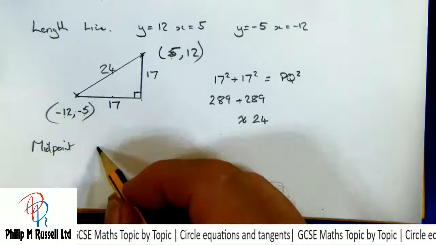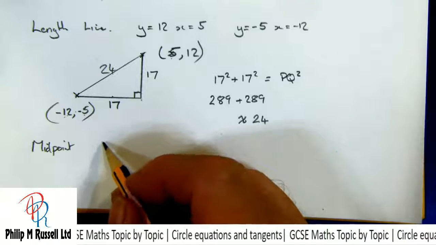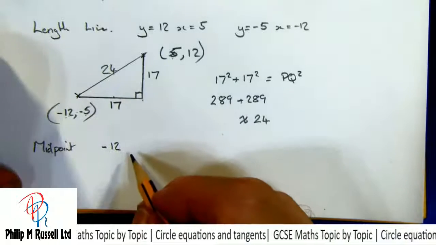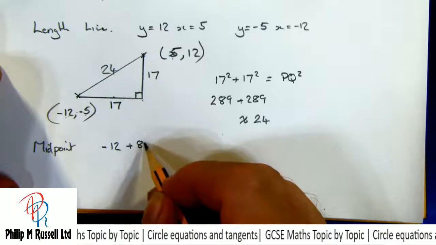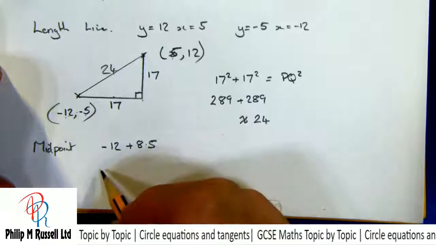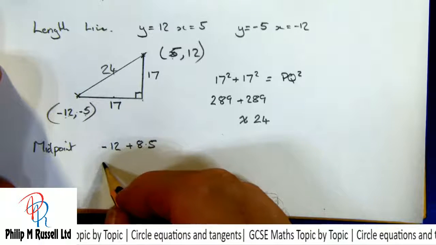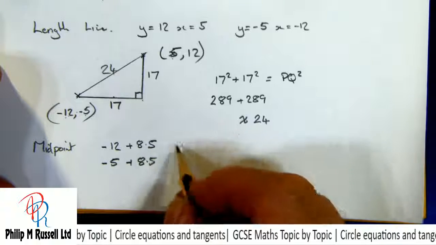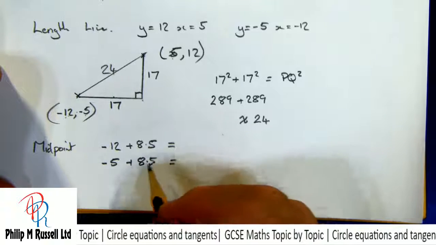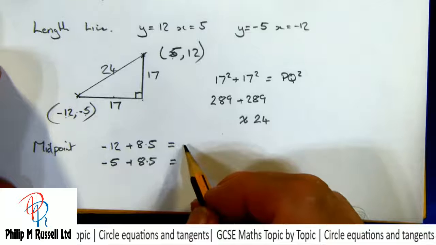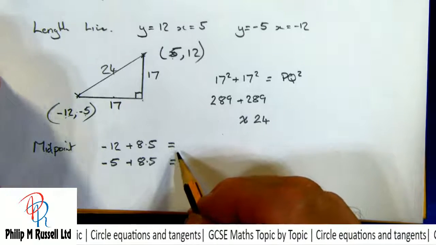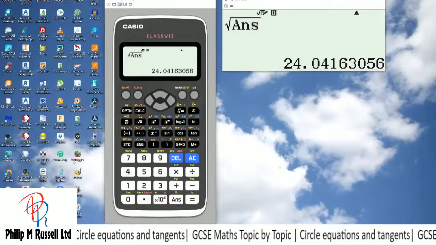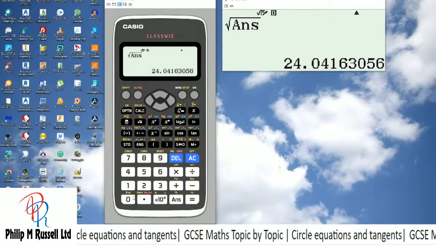So I start off with this position minus 12, and I'm going to add to that 8.5, and I'm going to start with minus 5, and I'm going to add 8.5. So this is going to give me my x coordinate, which is going to be simply, we can put this into the calculator, or we could do it in our head.